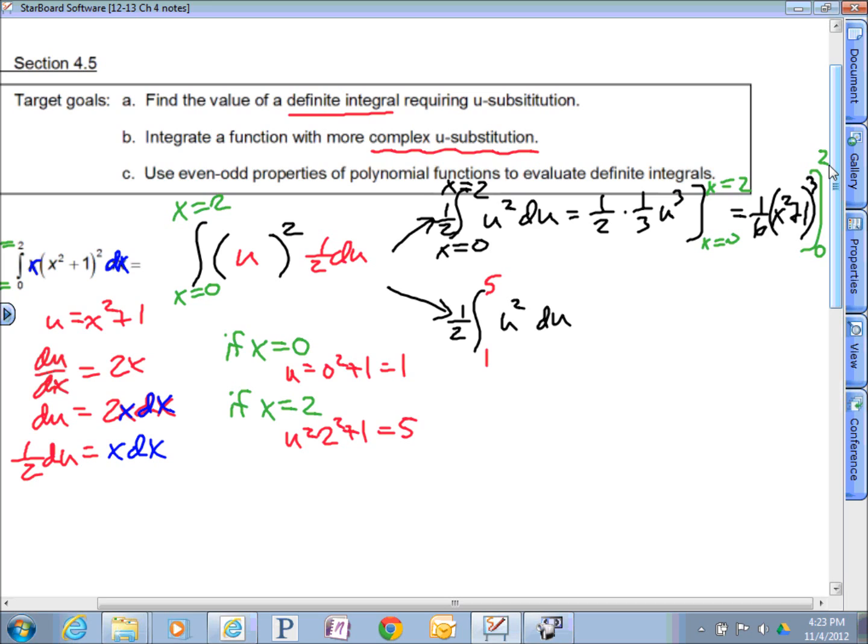The other way, with your u's, is you could say, all right, here's 1/2, 1/3 u cubed, but this time I'm going from 1 to 5.